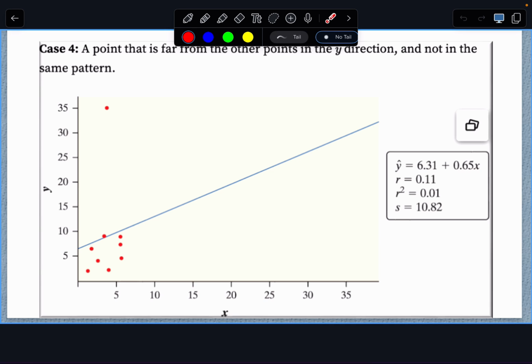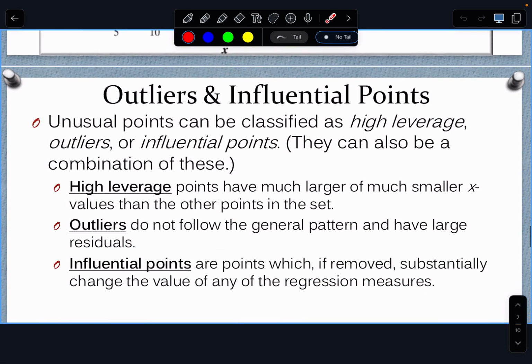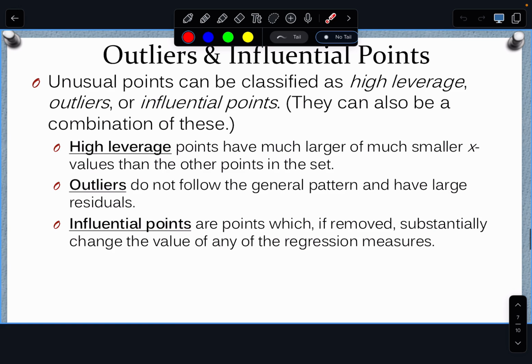So as we examined these different scenarios here, what we noticed was that we have a couple different things that can happen. So when we classify unusual points, there are points that can be classified as high leverage. So again, if we think about our regression line as kind of like a seesaw, right?